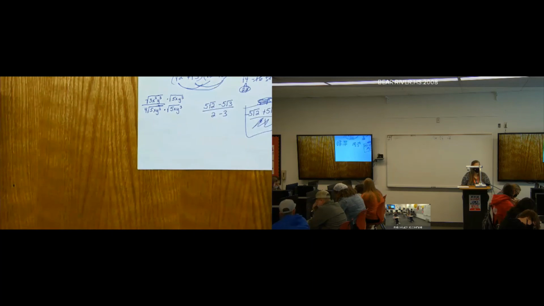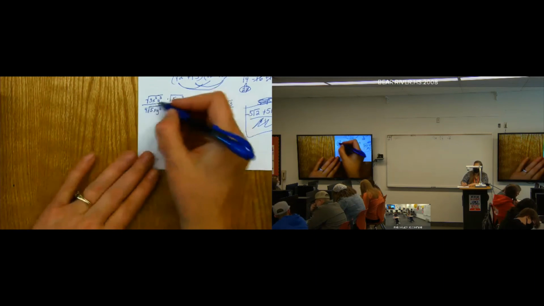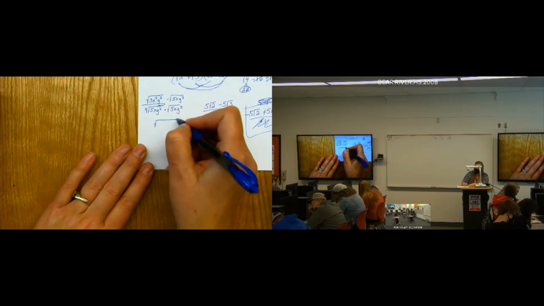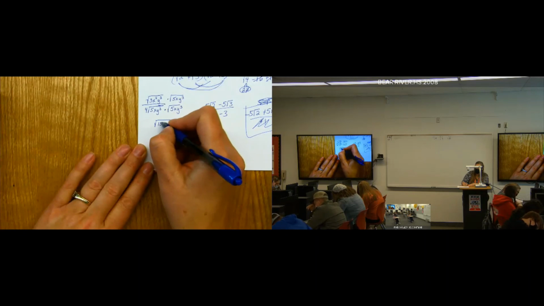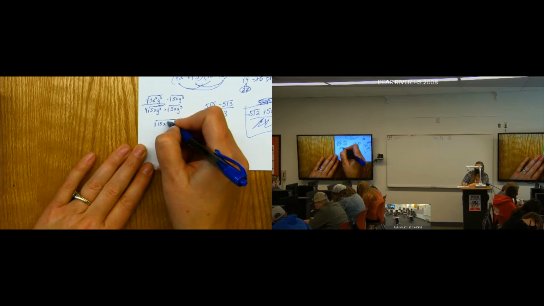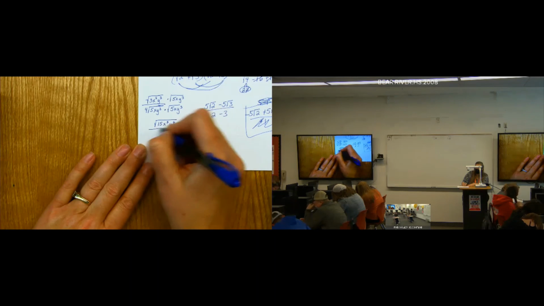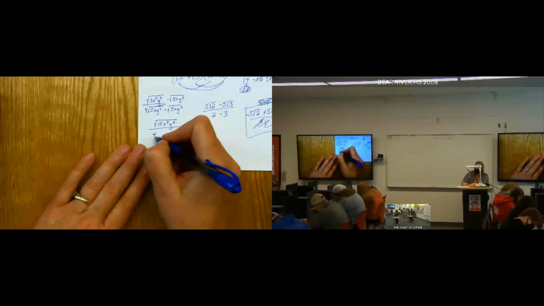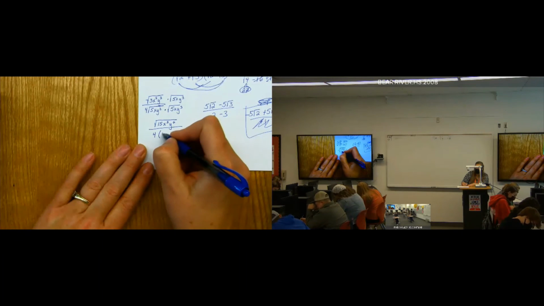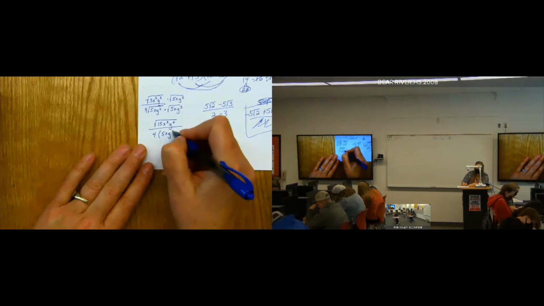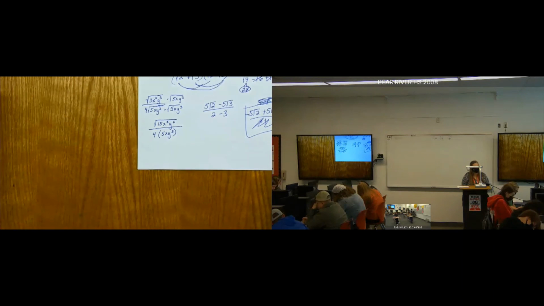All right. Here goes. On the top, what do I have? 15 x to the 3rd, y to the 6th. Over, on the bottom, I have 4 times 5xy cubed, because those came out.